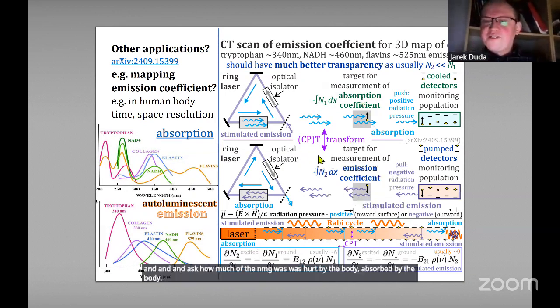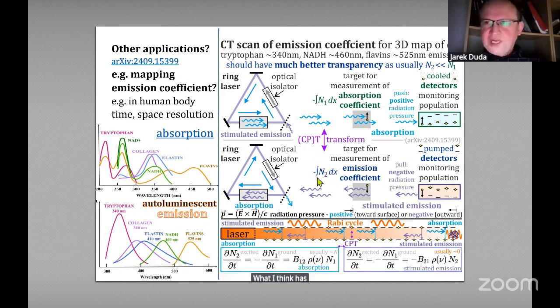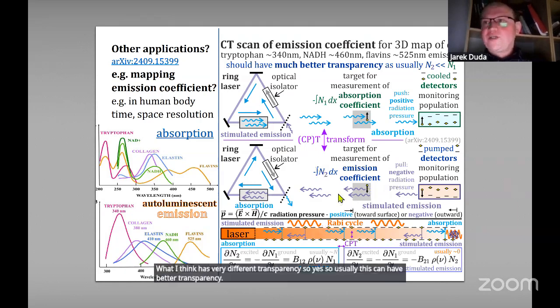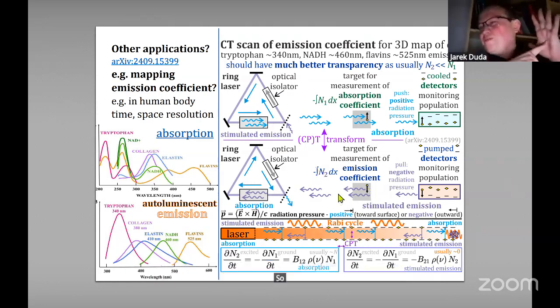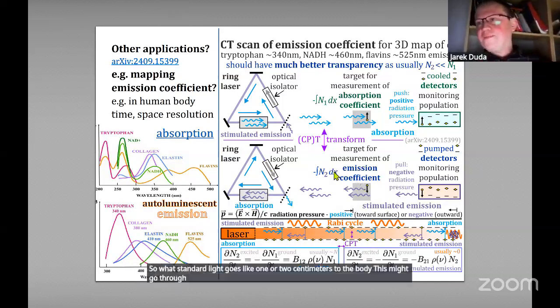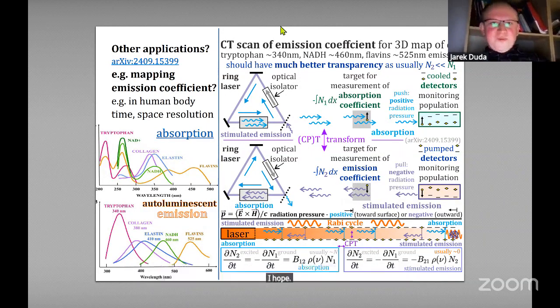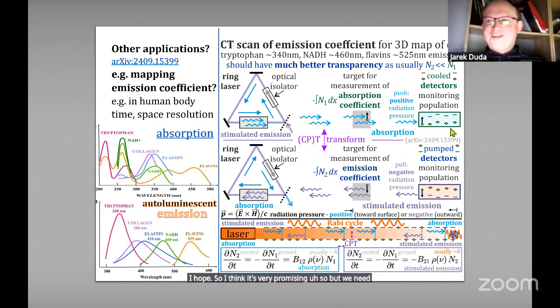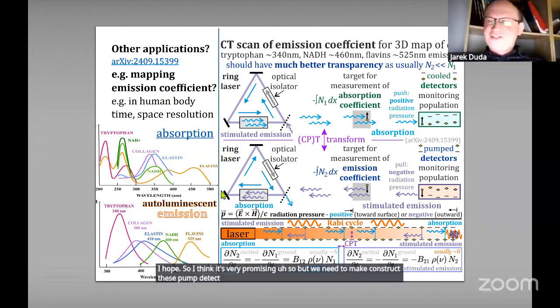This has very different transparency. So while standard light goes like 1 or 2 centimeters into the body, this might go through the entire body, I hope. So I think it's very promising, but we need to construct this pump detector and negative radiation source.